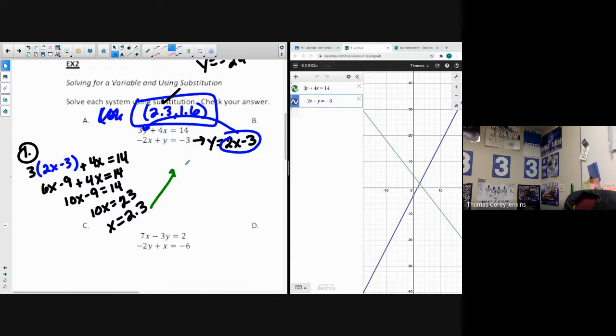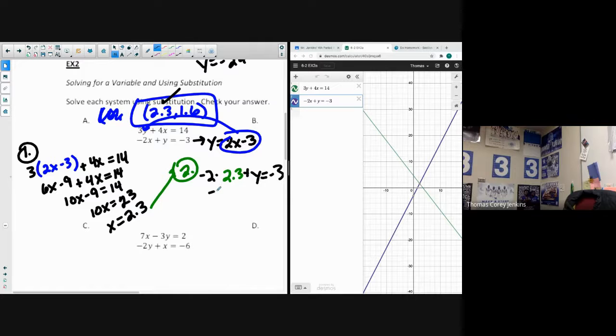Step 2, we plug into either equation. So since y is by itself here, I'm going to sub into this one, but it doesn't really matter. So that would be negative 2 times x, which again we know at this point is 2.3, plus y equals negative 3.